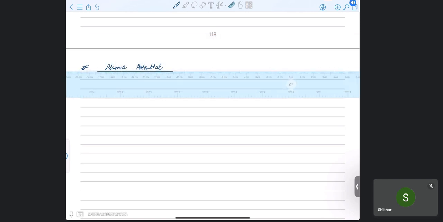I'm just giving this name plasma potential, phi of r. So what is it?